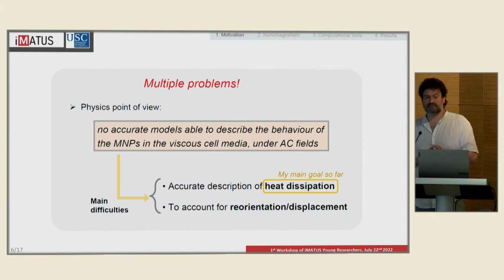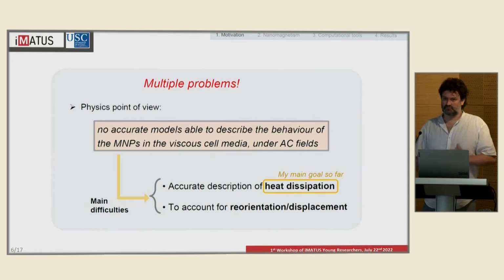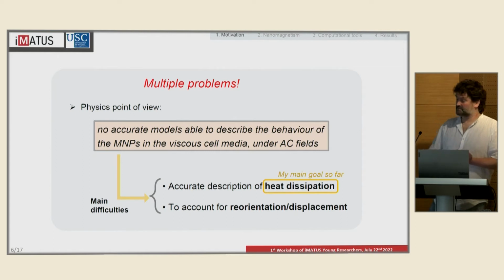It's complicated to have accurate models for the heat dissipation, but it's even more complicated to describe the colloidal evolution, because the time scales for heat dissipation reach nanoseconds, and the colloidal evolution during a treatment would last like 20 minutes. So it's very complicated to reach across the different dimensions, but the time scales are the key.